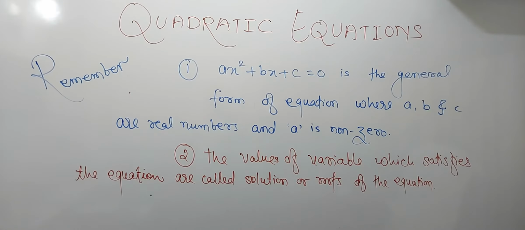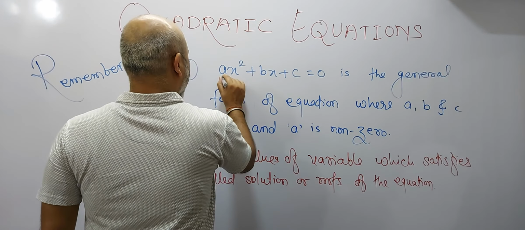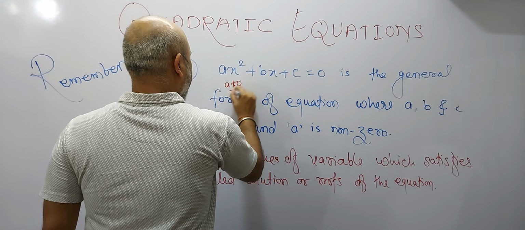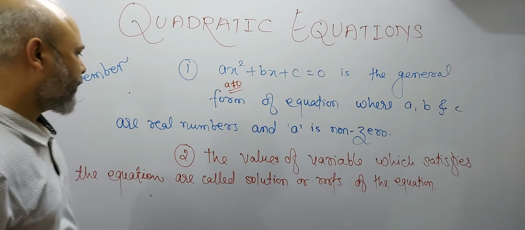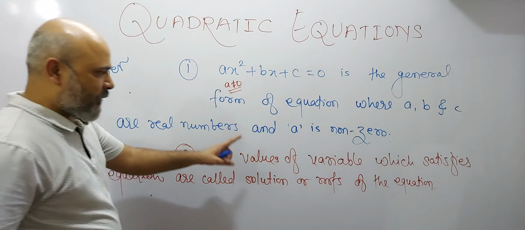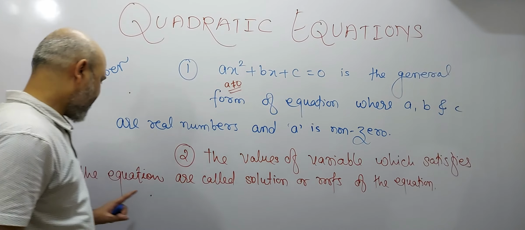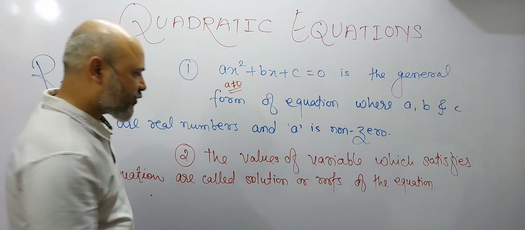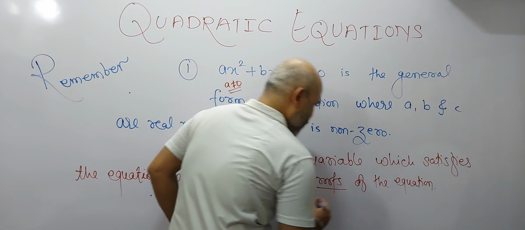Clear? Now very last point, remember these 2 points. First one is: ax square plus bx plus c is equal to 0 is the general form of the quadratic equation, where a, b and c are real numbers and a is not 0. Okay, a is non-zero, it means that the value of a is not equal to 0. And second thing you will remember, the values of the variable which satisfy the equation are called solution or roots of the equation.